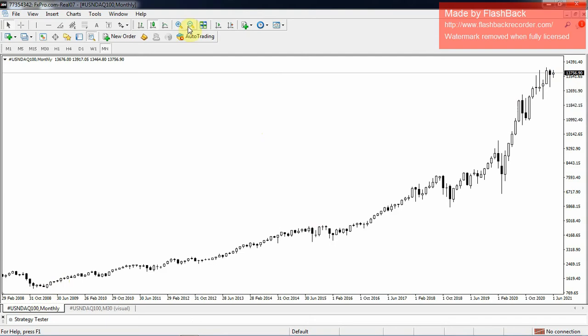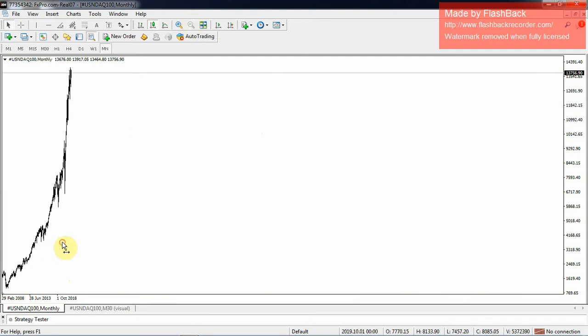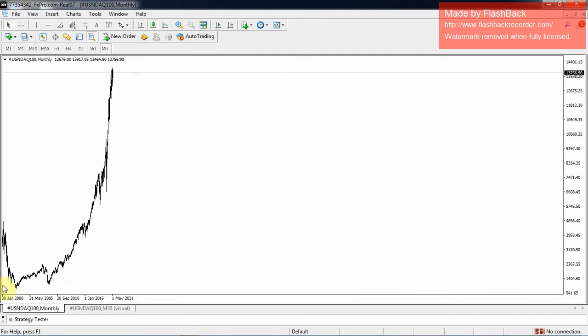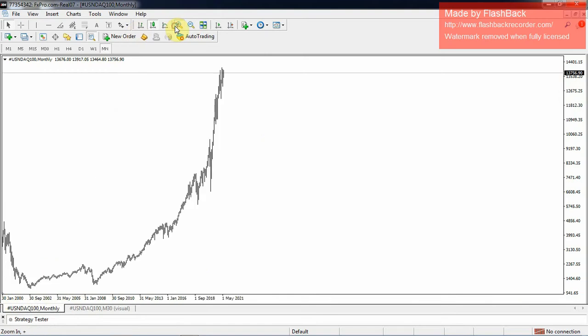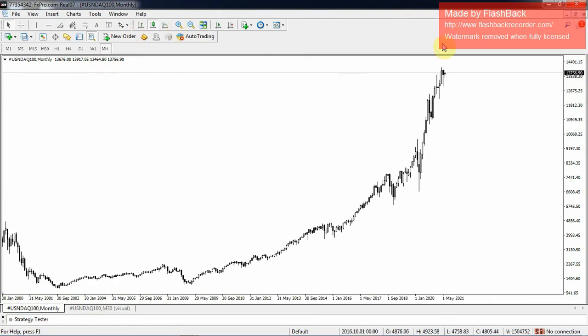So as you can see, on the Nasdaq 100 monthly chart, Nasdaq has been going up since the early 2000s, and it's been going up till date. You can see this in the monthly chart. This robot has been designed in such a way that it will take more buys.